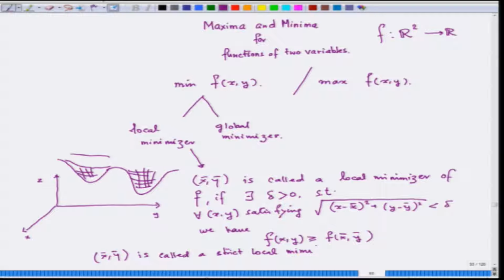So, it is called a strict local minimizer if everything else is satisfied, if we have f of xy strictly greater than f of x bar y bar. Of course, local means there must be some delta for which this happens, for all xy which is not equal to x bar y bar.